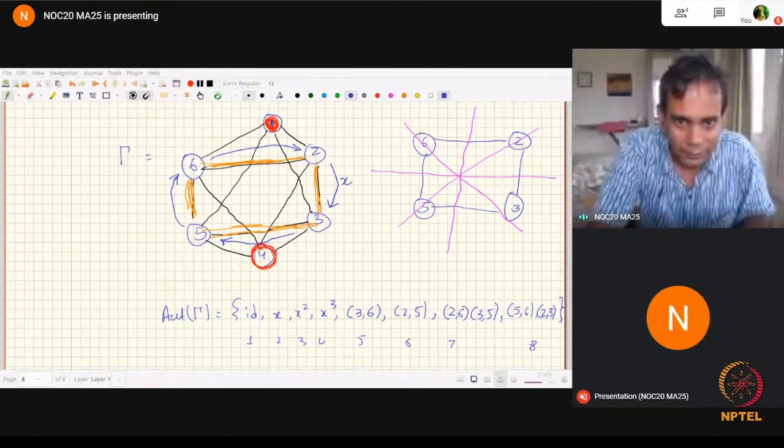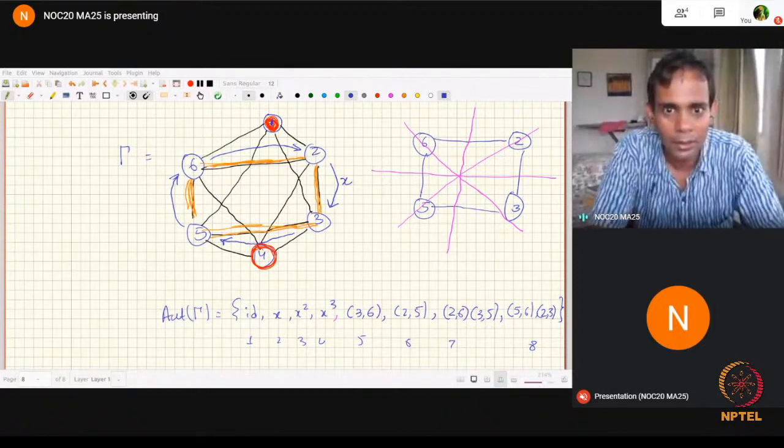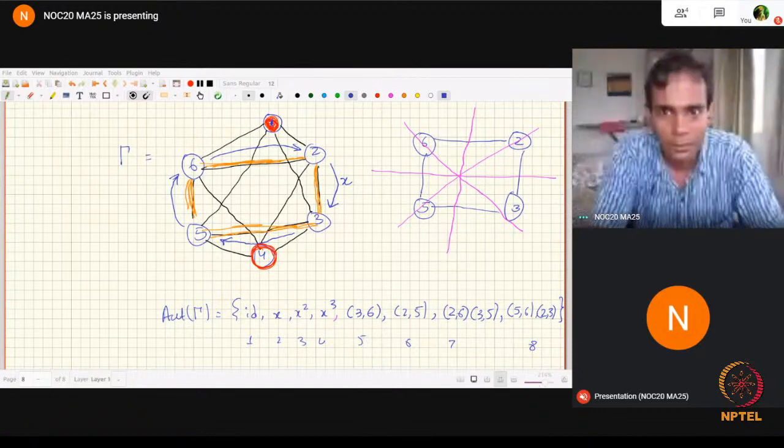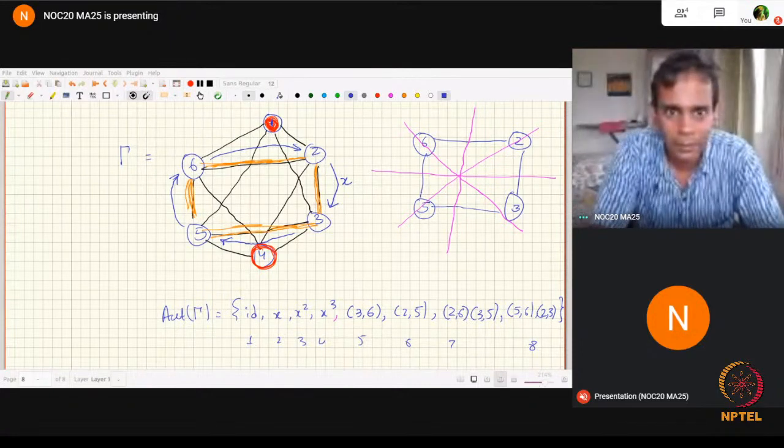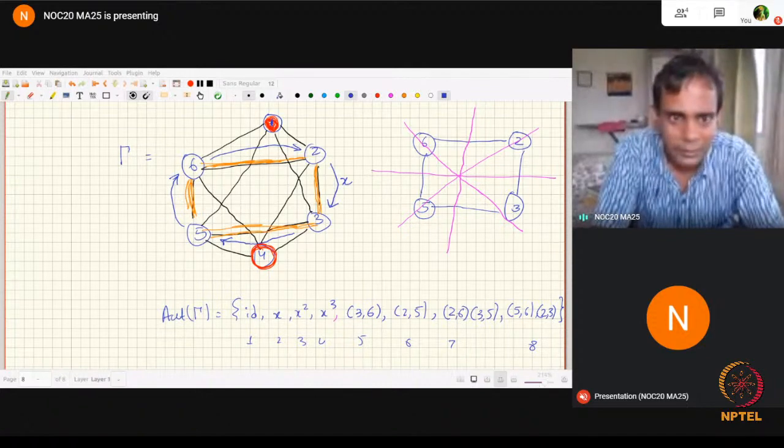Chandan Kaur has a question: discuss how you constructed ORT S, particularly for S3, seeing it as a graph. I don't really understand this question.